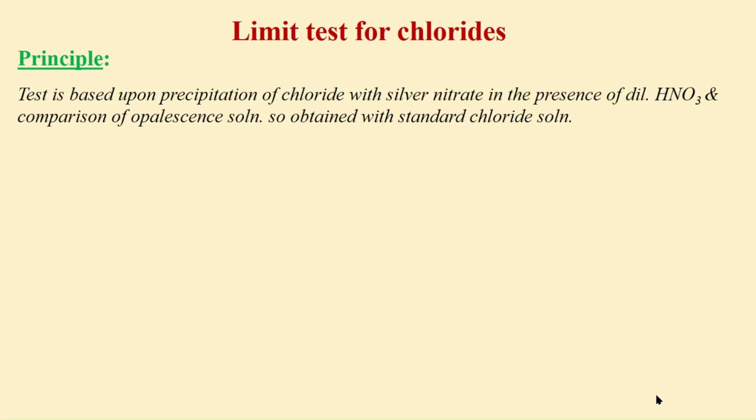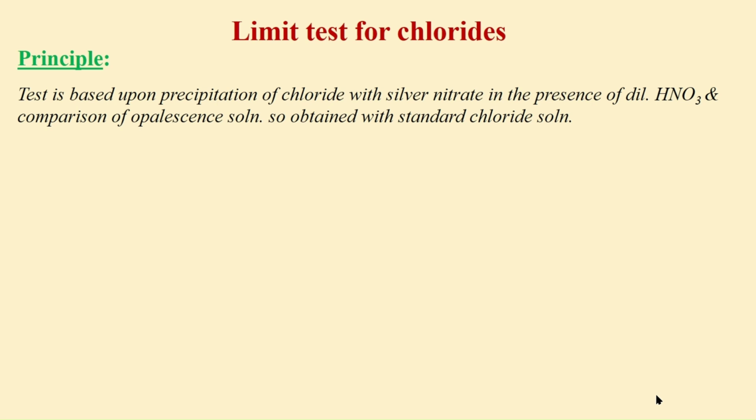Here, if any compound consists of chloride ions as an impurity, then how do we detect whether it is within the limits or not? This test is based upon the reaction of chloride ions present in the sample with silver nitrate.